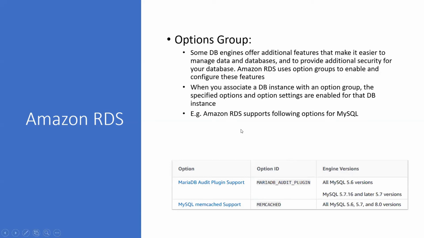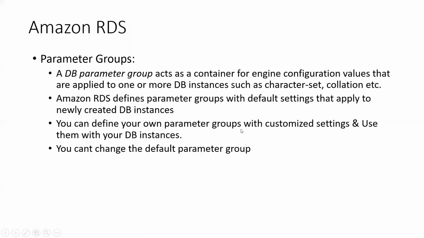Then we have parameter groups. So your DB parameter group acts as a container for engine configuration values that are applied to 1 or more DB instances, such as your character set, collation, etc. Your RDS defines parameter groups with default settings that apply to your newly created database instances. You can define your own parameter groups with customized settings and use them with your DB instances. You cannot change the default parameter group.